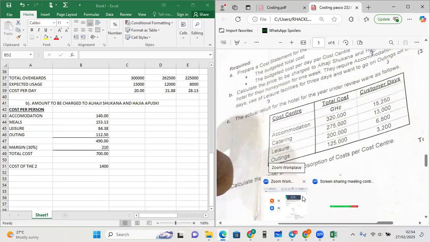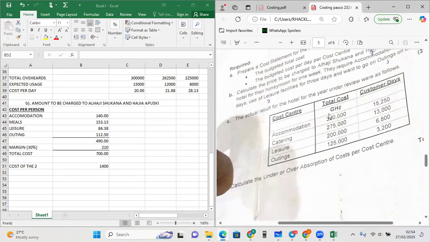So normally, when we calculate the absorbed and it is lesser than the total, then there is under absorption. When we calculate the absorbed and it is higher than the total, then it is over absorbed. So let's do that.